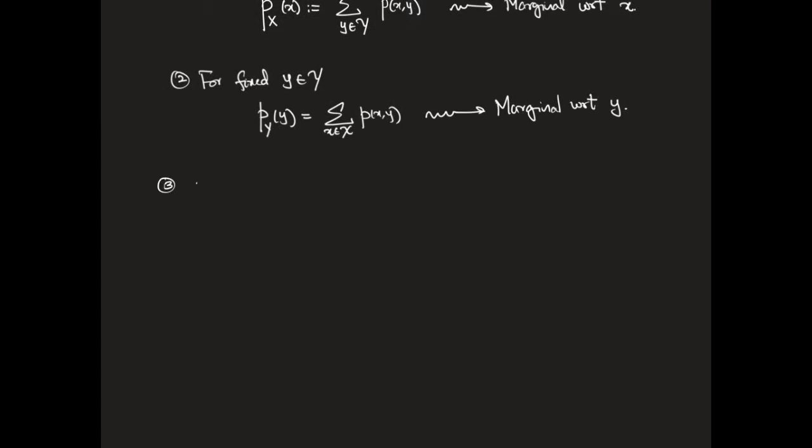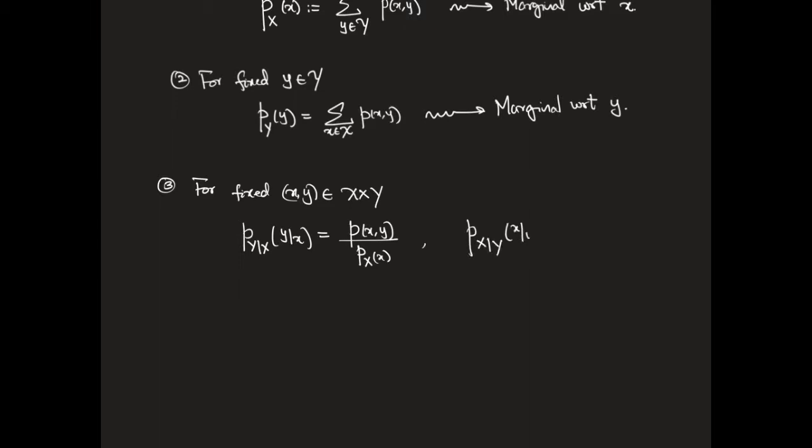And finally, for a pair (x,y) inside script X cross script Y, the conditional probability of y given x is given by the quotient p(x,y) divided by the marginal p_X(x). And the conditional probability of x given y is given by the quotient p(x,y) divided by the marginal p_Y(y).